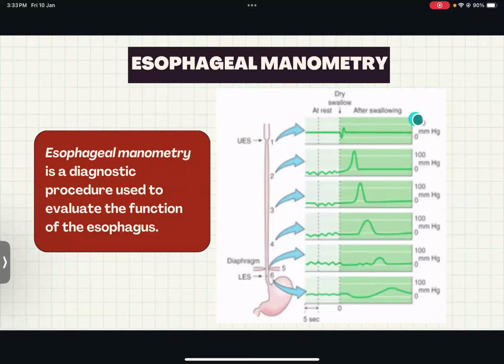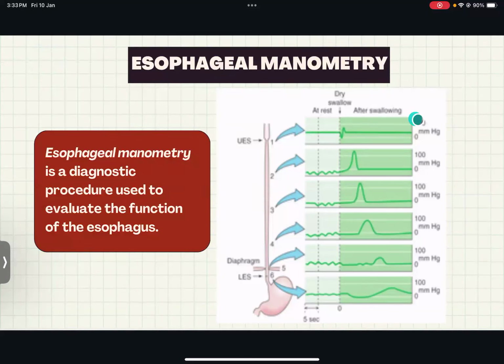As I said before, when we were discussing the upper esophageal sphincter, a drop in pressure means that the esophageal sphincter is opening. So when the bolus has reached the sphincter and wants to move down to the stomach, it needs to open, and its opening is the pressure dropping down, okay?